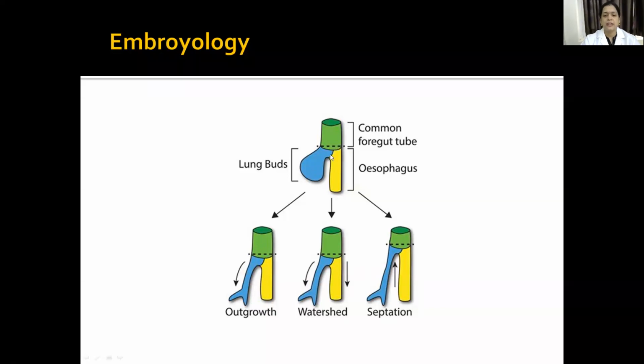Usually the trachea and the esophagus separate by the 7th week of gestation, and these buds arise about the 4th week of gestation. If this esophagus tube is not properly formed, it will cause congenital anomalies and distress to the newborn. So this is about the embryology.